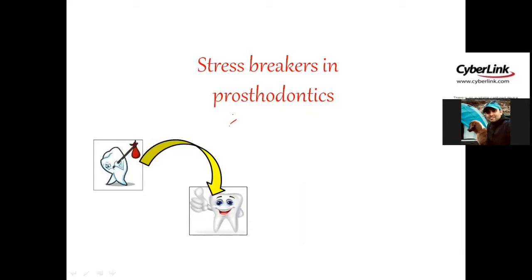Stress breakers in prosthodontics. A stress breaker is defined as a device which relieves the abutment teeth of all or part of the occlusal forces. A stress director is a device that allows movement between the denture base and the direct retainer, or extracoronal retainer.